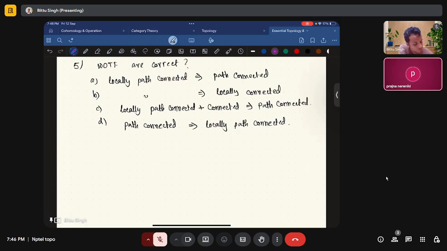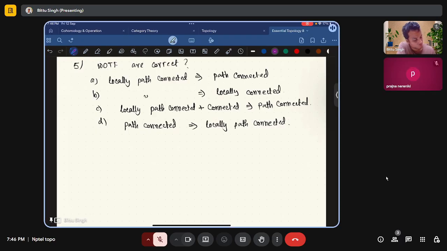No, you showed this just now. Yes, this is no, by the topologist's sine curve. Sorry, locally path connected implies path connected. So this is not true.